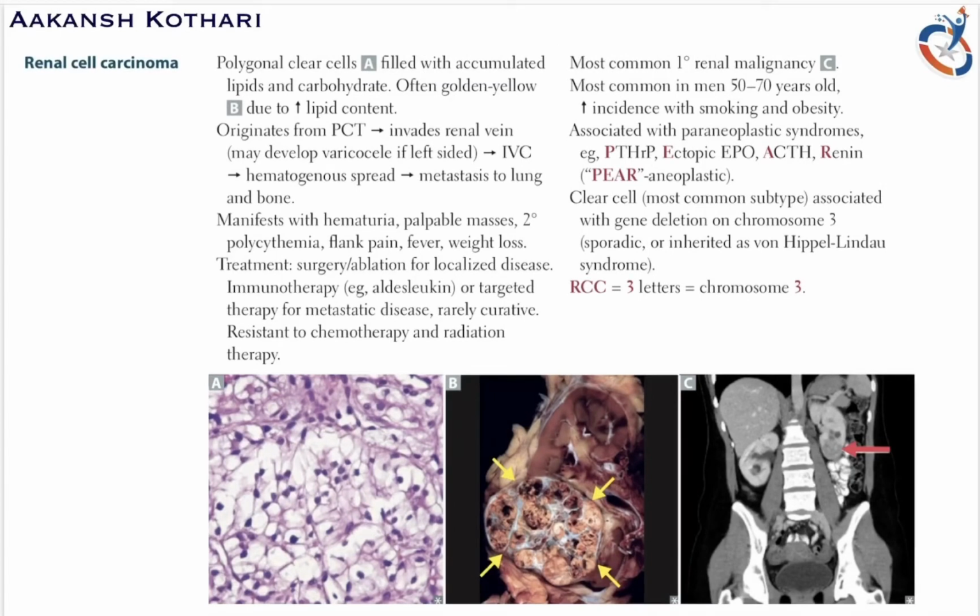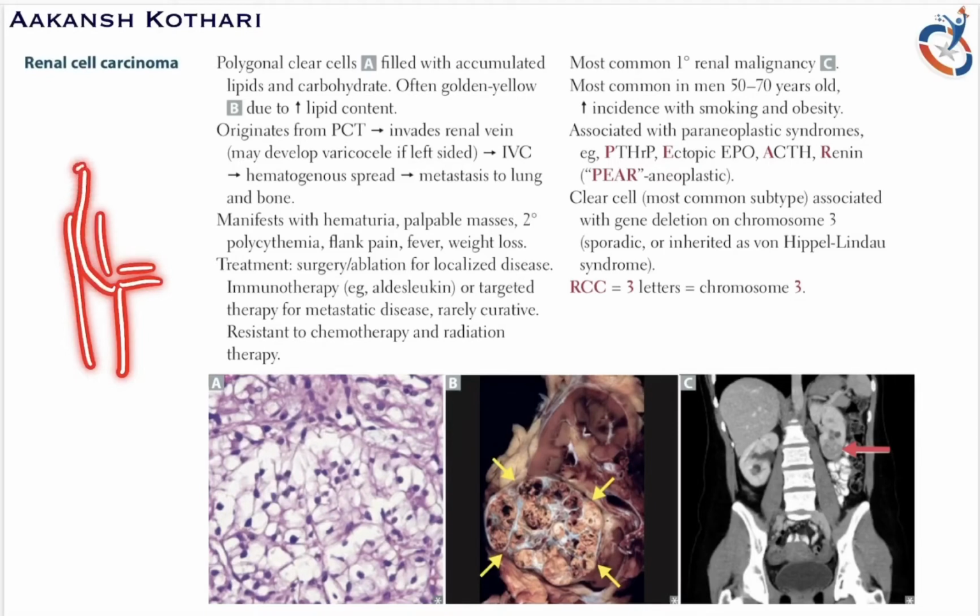Renal cell carcinoma primarily originates from the proximal convoluted tubule. From there, it invades into the renal vein and then into the inferior vena cava.